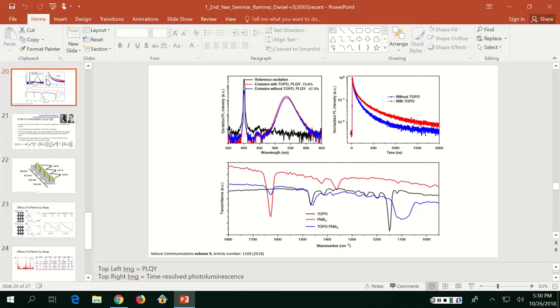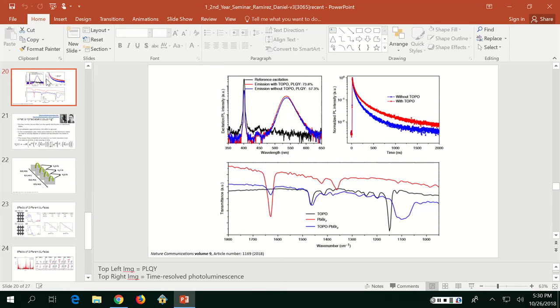Time resolved photoluminescence. I guess the thing I'm trying to draw a connection to is, in the left panel they give quantum yields for their samples. So is there a relationship between quantum yields and the lifetimes shown in the right figure? Yeah, I guess higher quantum yield leads to higher lifetime.